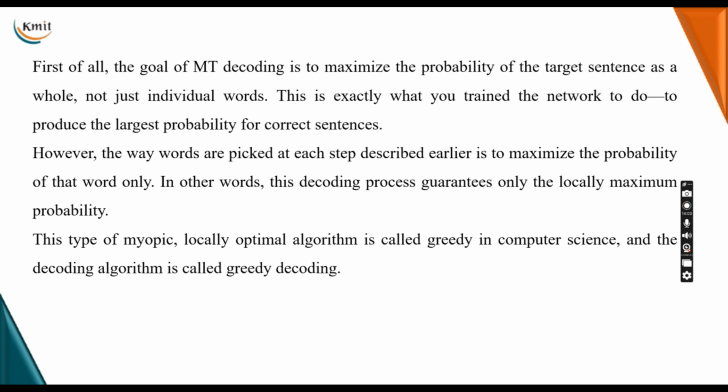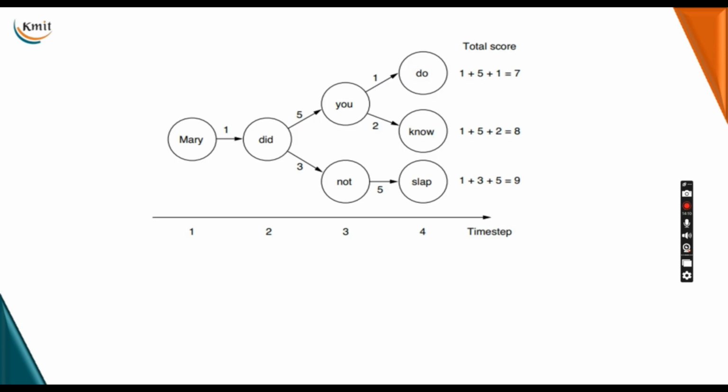So let me use a simple sentence to illustrate this. When you're picking words at each time step, you have multiple words to pick from. Now this is one example that I would like to describe. As you can see in this particular figure, which is represented as a tree structure, this diagram shows how the word you pick at one time step branches out.